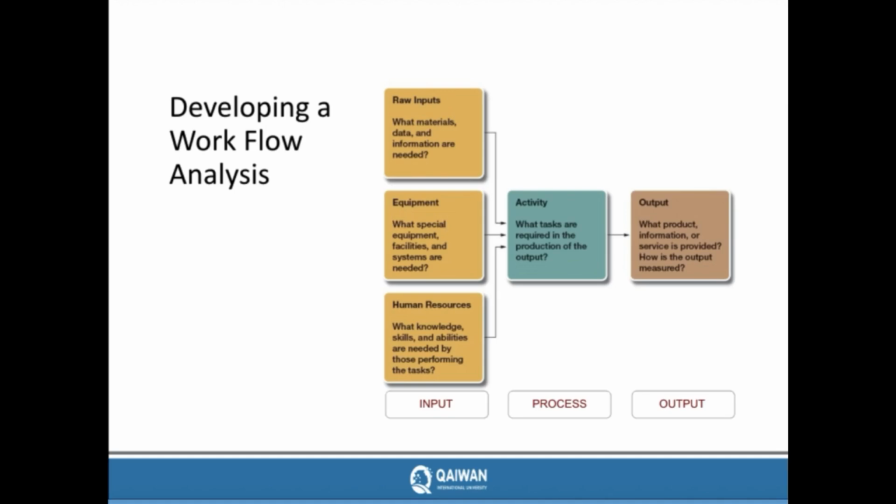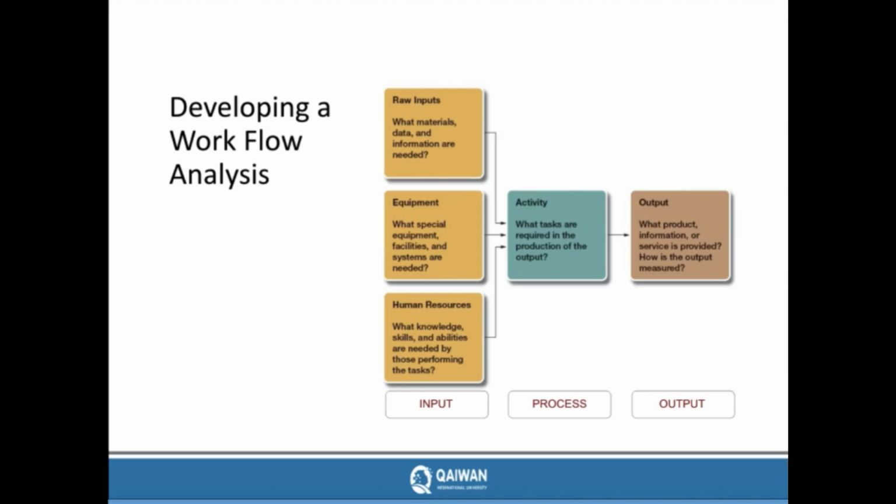Also, input includes equipment. What tools or systems are needed? For example, a restaurant needs ovens and kitchen tools, while a university needs classrooms, projectors, and online systems. Also, input could be human resources. This means the knowledge, skills and abilities of the people doing the work.